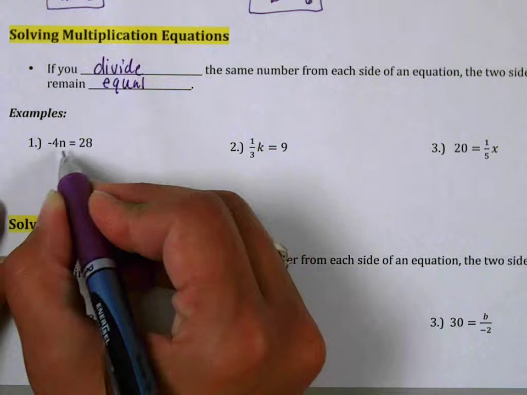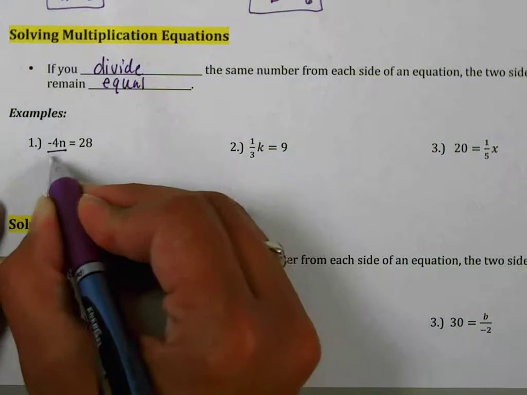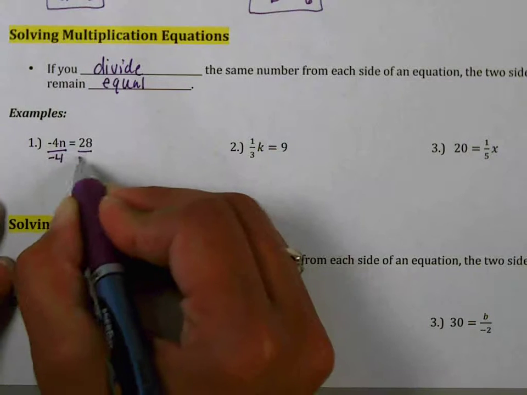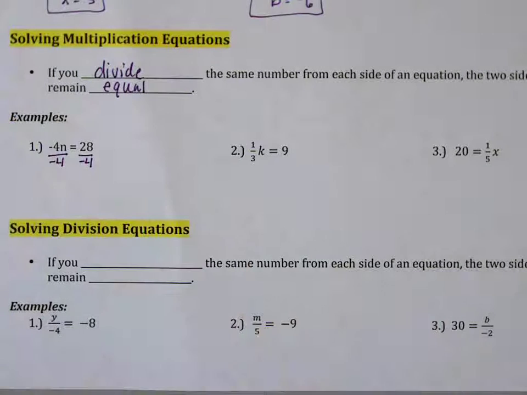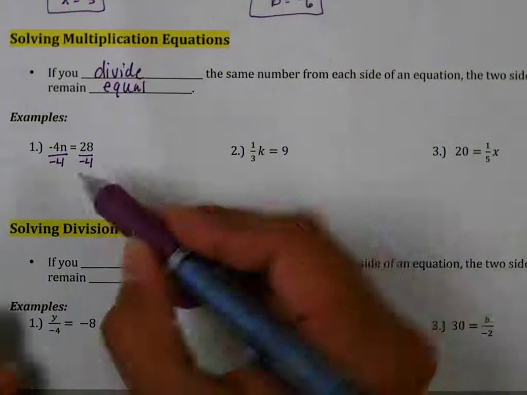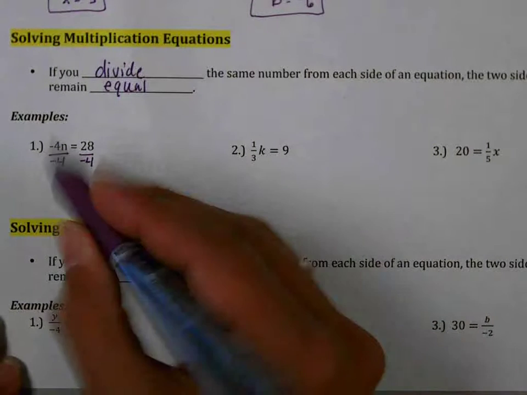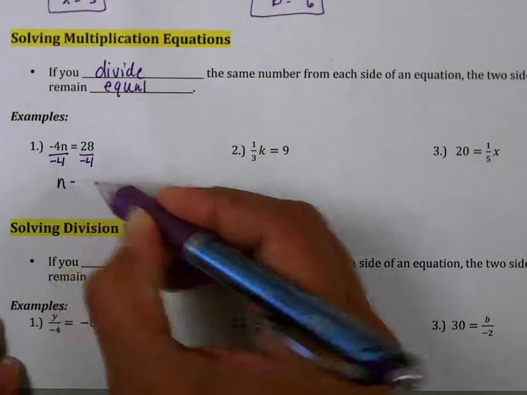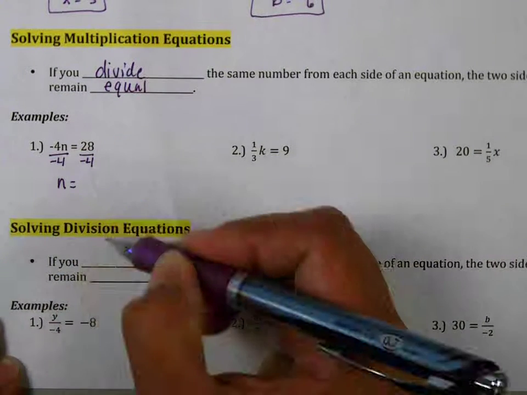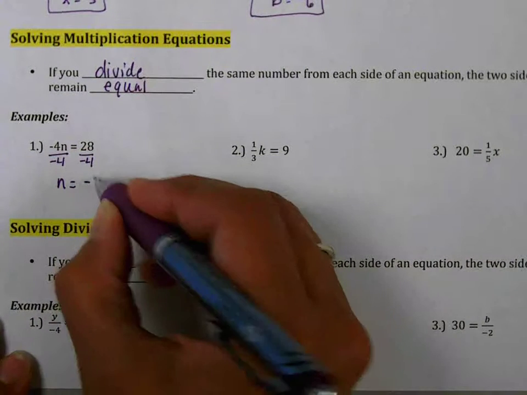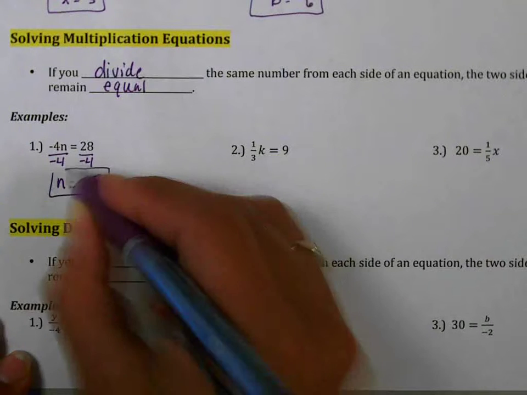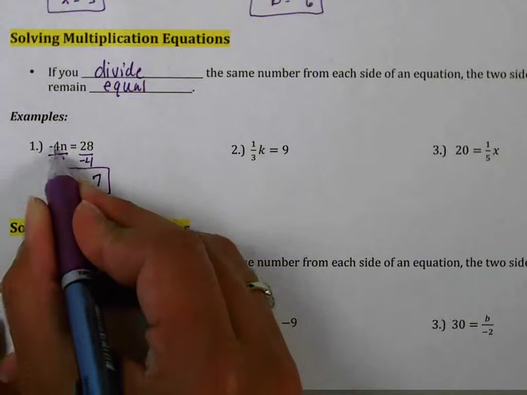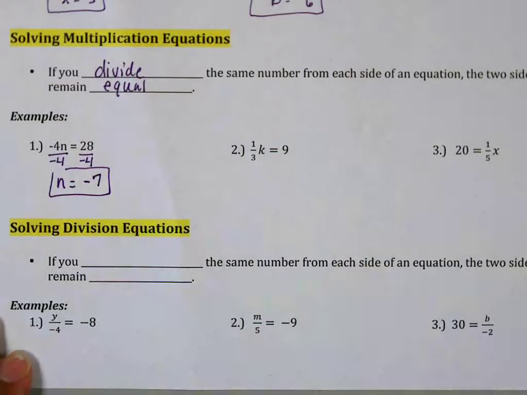Because it's negative 4 times n, I'm going to divide by negative 4. Remember, we want to get the variable alone, and negative 4 divided by negative 4 would be a positive 1n, and that's what we're looking for. n equals 28 divided by negative 4, which is negative 7. And if you check that, negative 4 times negative 7 would be 28.